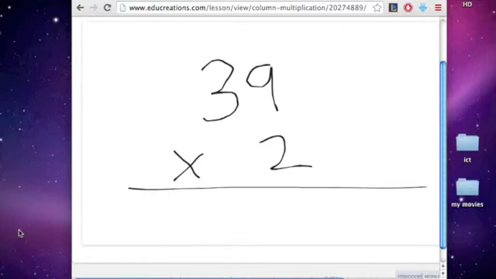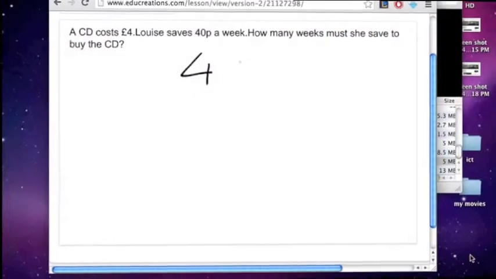So it equals 18. So we put the 1 on top of the 3 and add the 8 at the bottom there. And then you times 3 by 2, which would make 6. But then you have to add the 1 up here, which would make 7. So then your answer is 78.